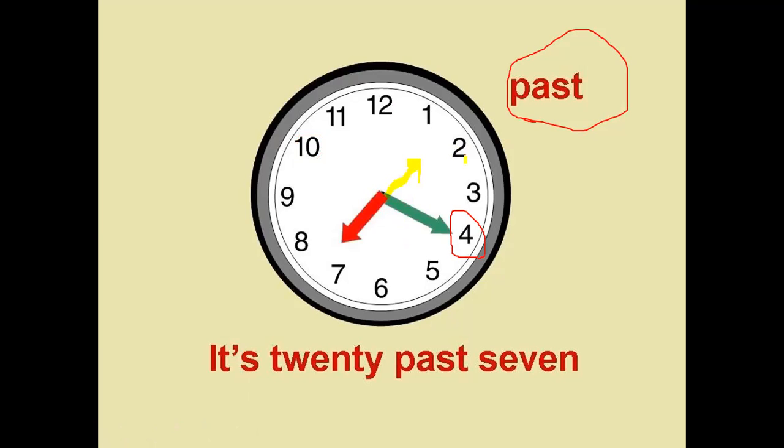So now it's 20 past 2. You can spin your clock, move from a number to the other and read it by yourself. Spin the arrow and read by yourself.